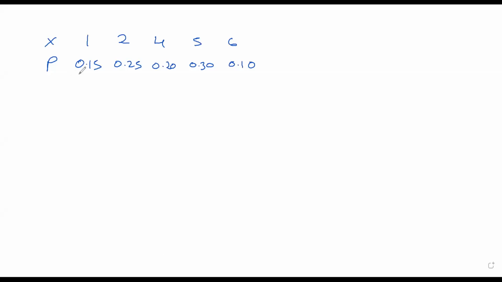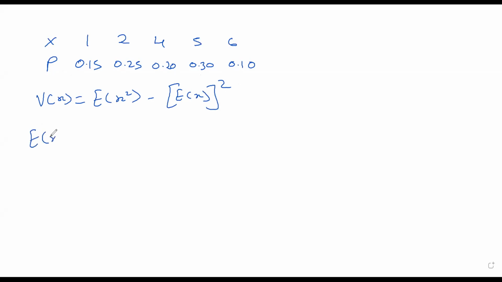Now to find the variance, this is your probability distribution function. We'll first find the variance, and then the standard deviation will be its square root. So variance is E of x square minus E of x whole bracket square.